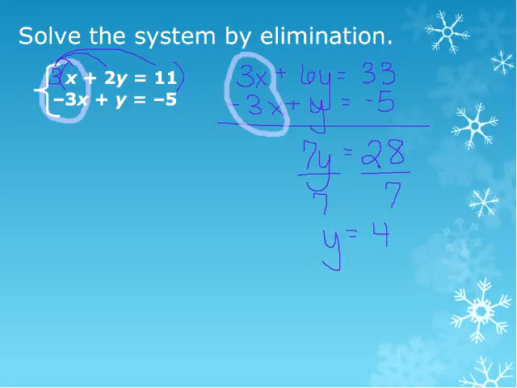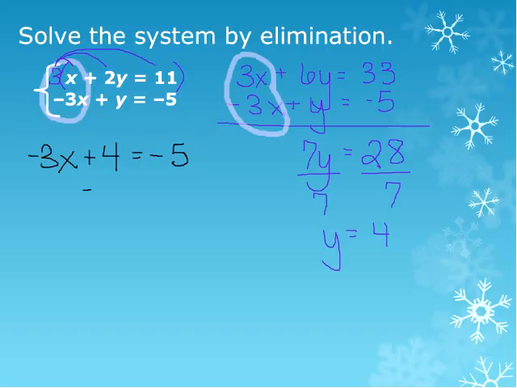All right, equation 2 it is, so I'm going to use a negative 3x. But instead of saying plus y, I'm going to put in my plus 4 equals negative 5.